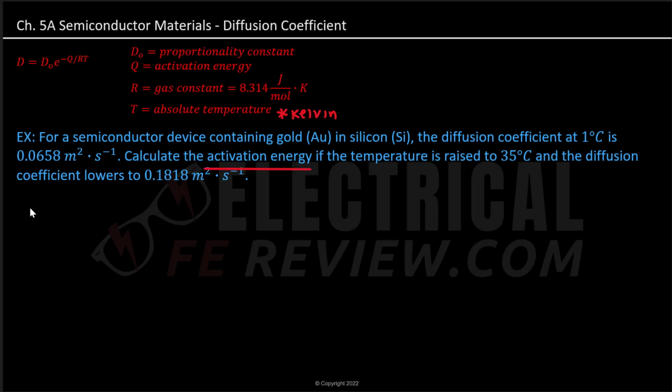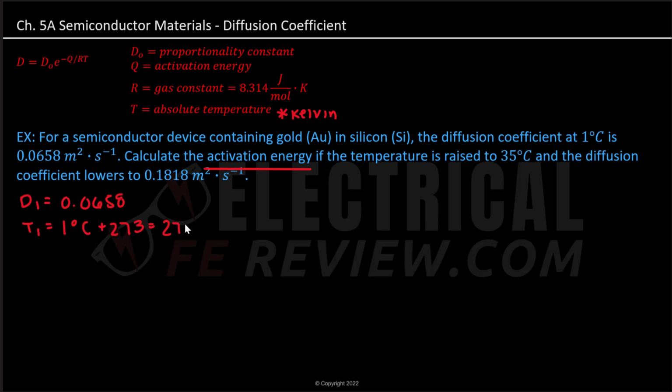Since we have two diffusion coefficients at two different temperatures, we can go ahead and write out our formulas for both using only variables to start. So we can say that D1 is equal to 0.0658, which is at temperature 1 degrees Celsius, and we can add 273 to convert this to Kelvin.